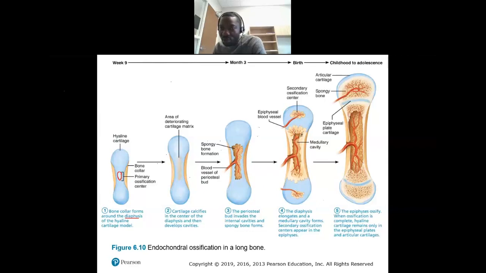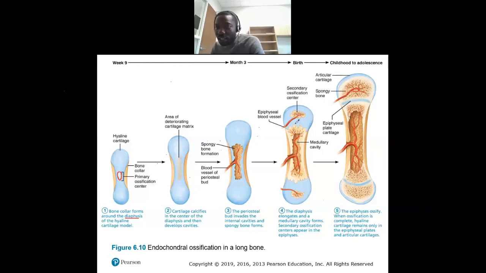Now it elongates and it's now longer. As it elongates, the medullary cavity is going to form in between, which is going to hold the bone marrow. All right. Now, as the medullary cavity forms, the secondary ossification center is going to form at the epiphysis area.